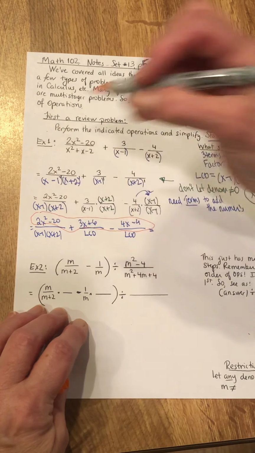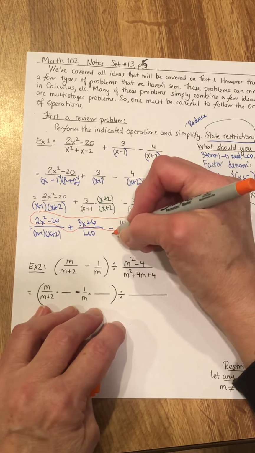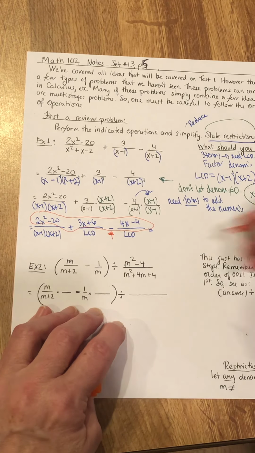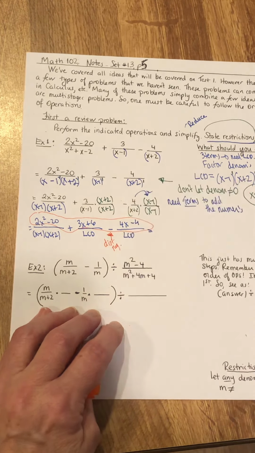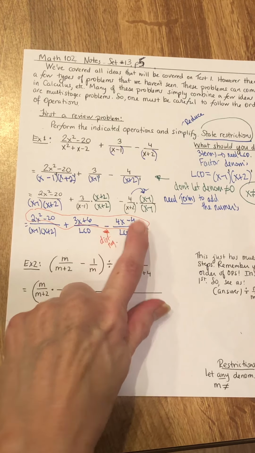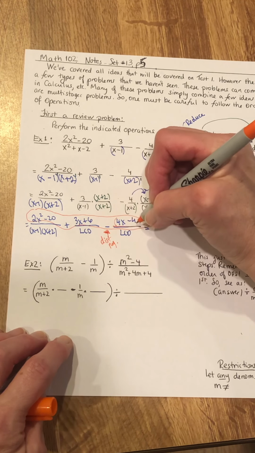But the one thing you have to be careful with, and this is the most common careless mistake, is that students do all these hard steps correctly in a long problem, and then they blow it because they forget to distribute this negative. It's minus this entire numerator. Remember, this fraction bar acts like parentheses.